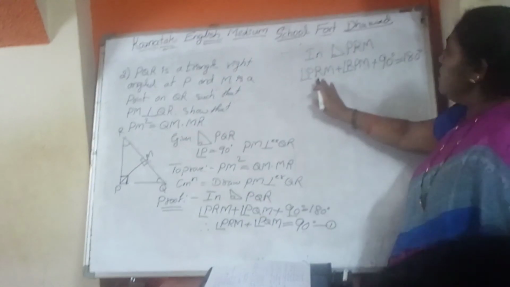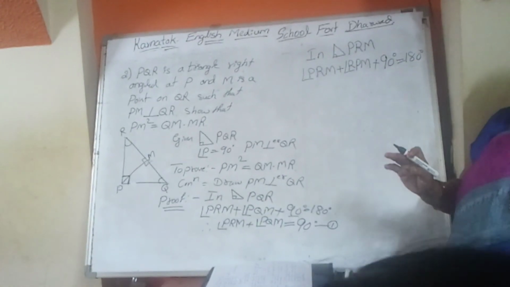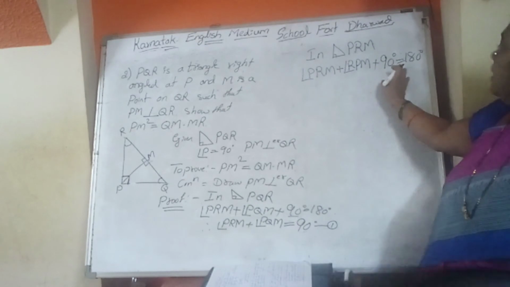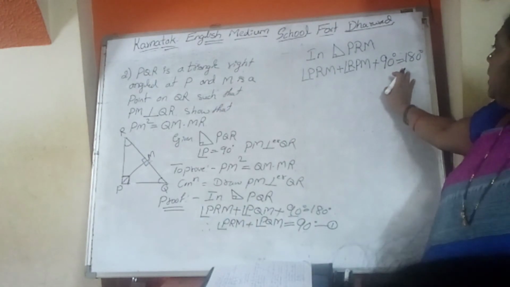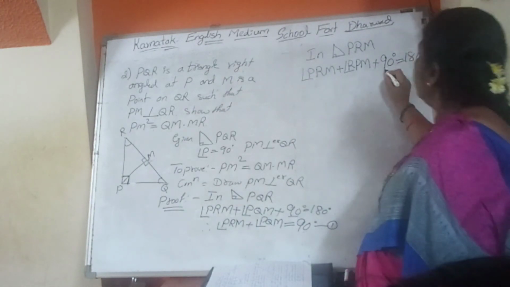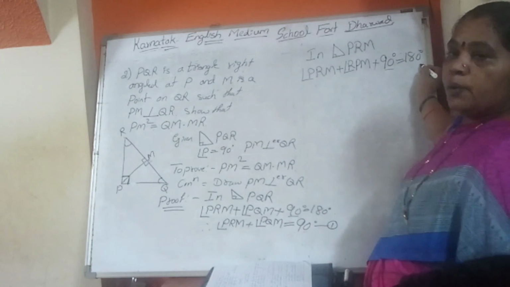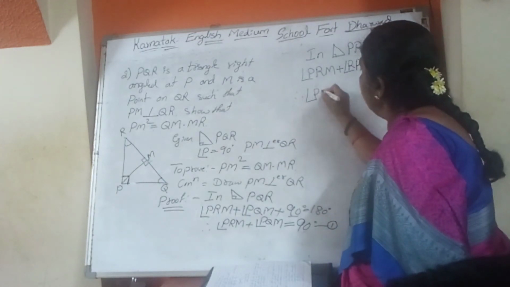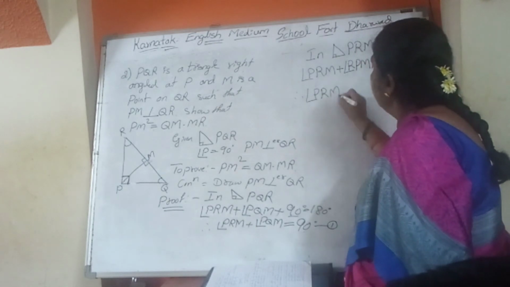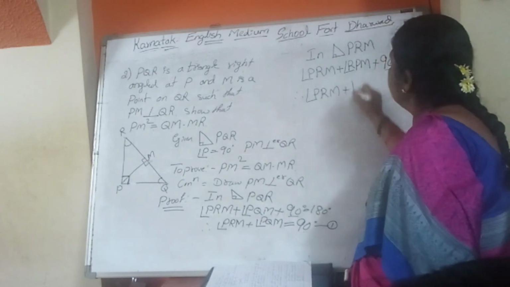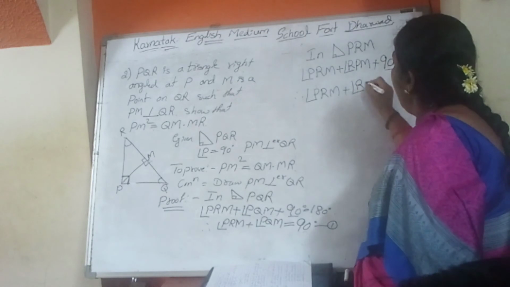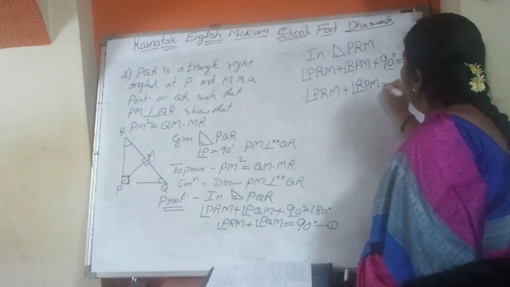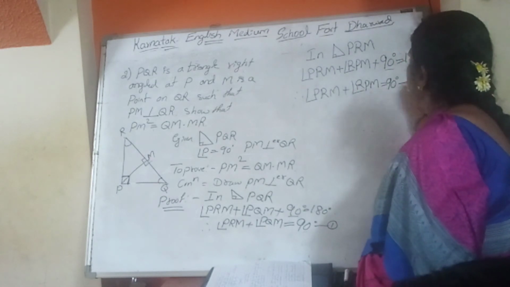This also is the sum of all angles in a triangle equal to 180. So you transfer this 90 here, and you get angle PRM plus angle RPM equal to 90.